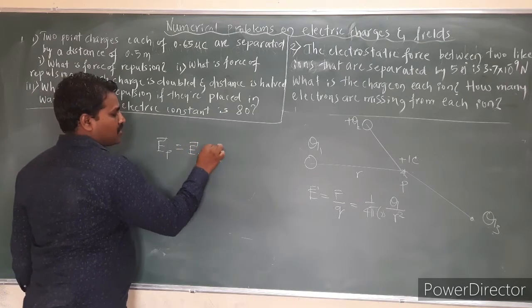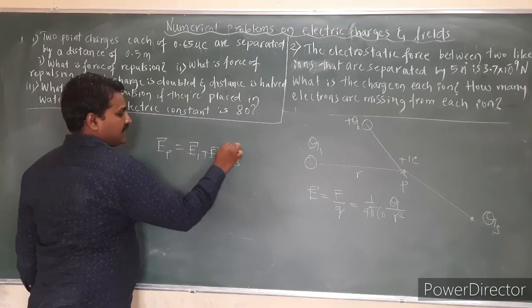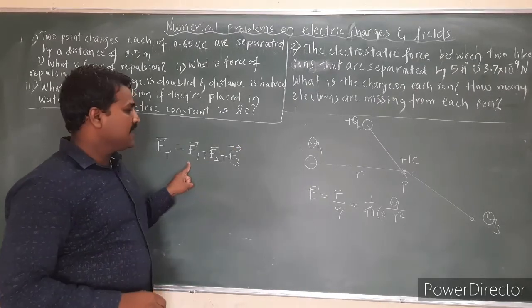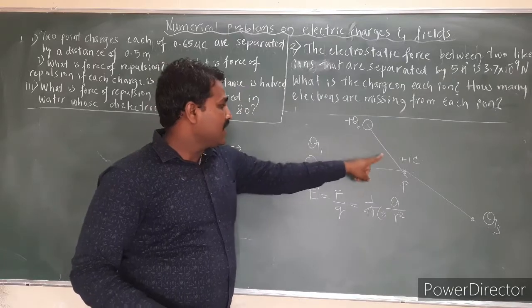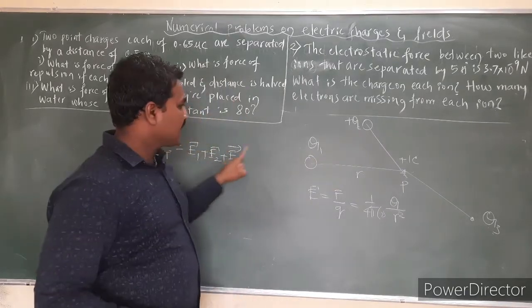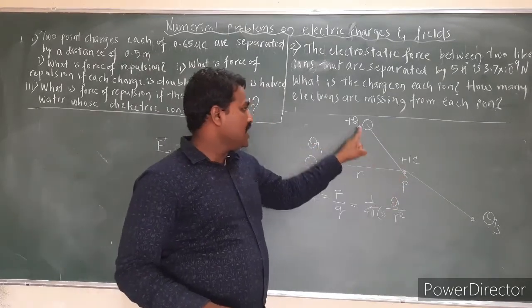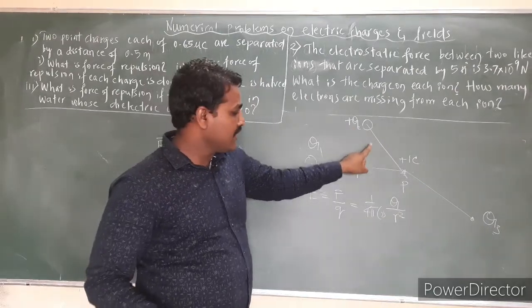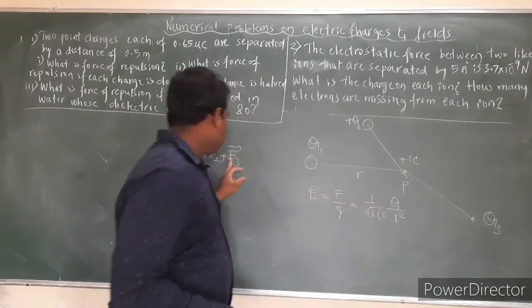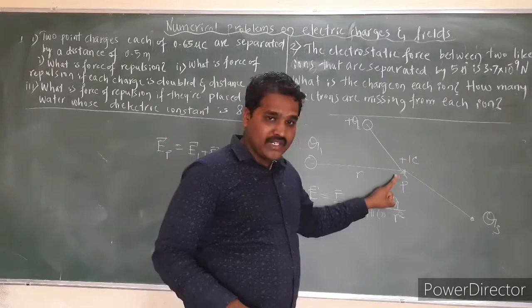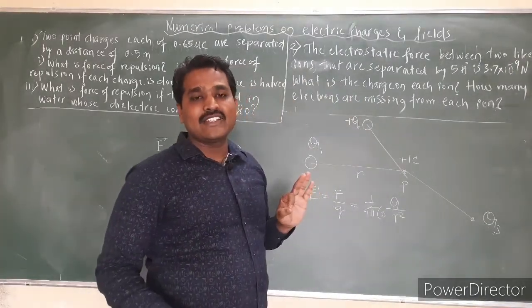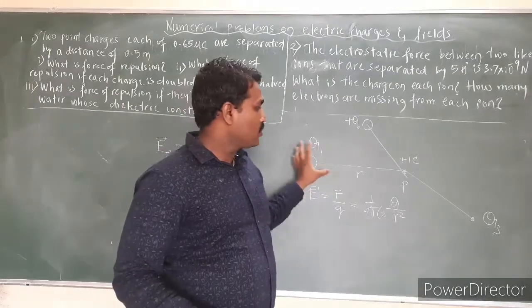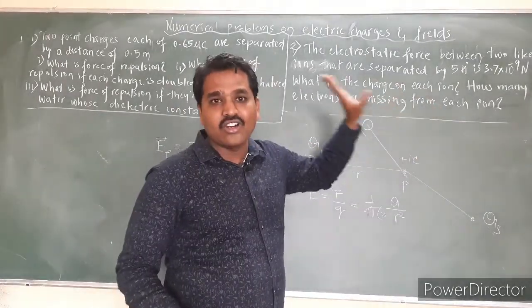E1 plus E2 plus E3, where E1 is the electric field intensity at P because of charge Q1, E2 is the electric field intensity at point P because of charge Q2 here. Similarly, E3 is the electric field intensity at point P because of source charge Q3 here. A source charge need not always be a positive charge. A source can be either positive or negative.